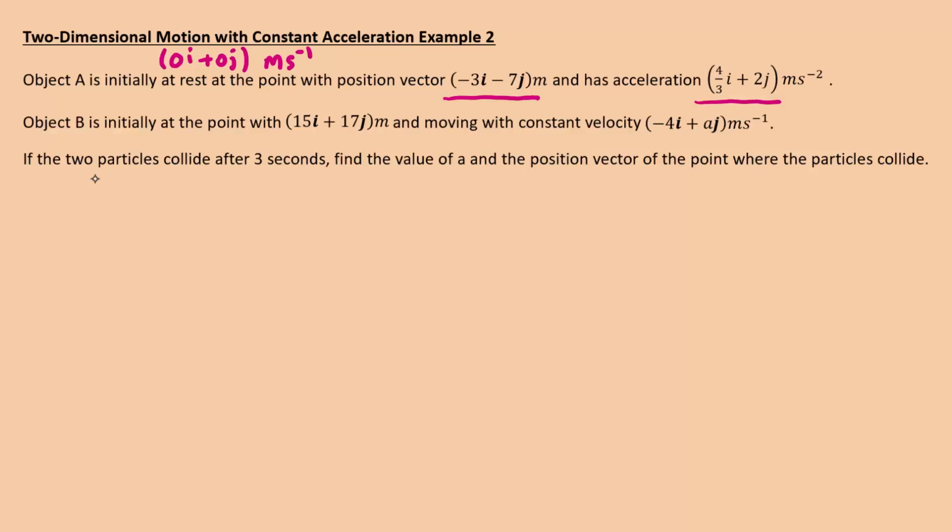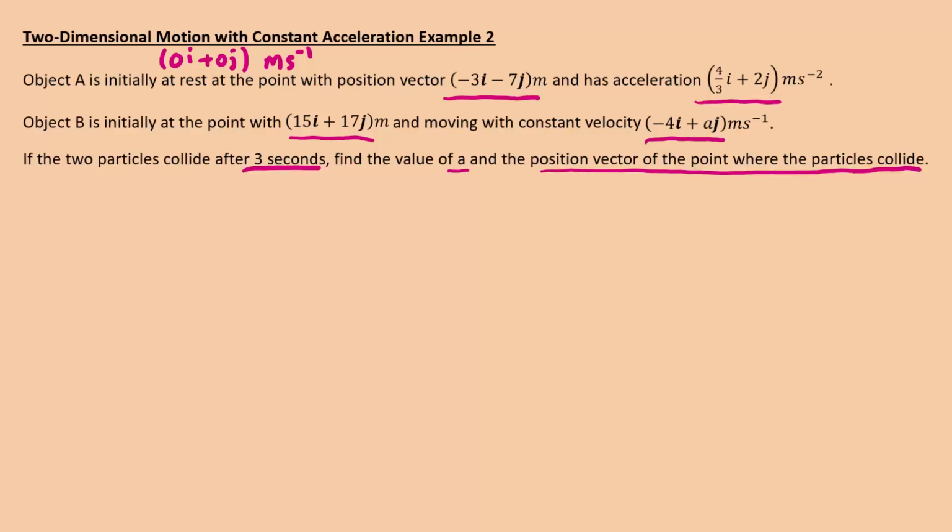Object B is initially at the point 15i + 17j meters and moving with a constant velocity of -4i + aj meters per second. If the two particles collide after 3 seconds, find the value of a and the position vector of the point where the particles collide.